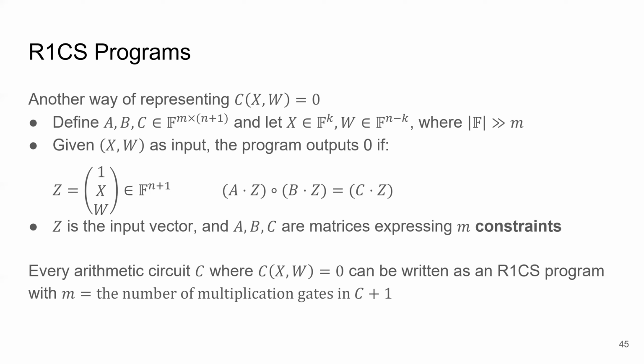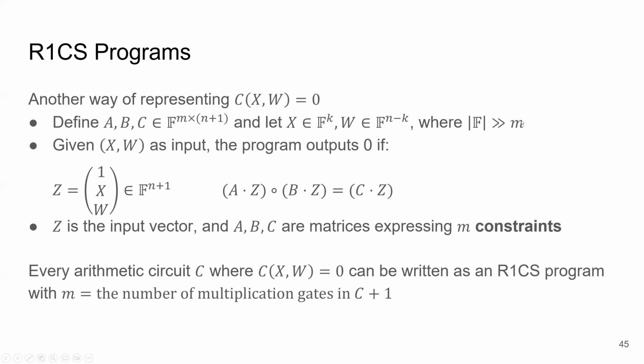Yeah, I just wanted to talk more about the size of F being much bigger than M. So M is the number of multiplication gates in C plus 1, and then A, B, and C are in a field of dimension M times N plus 1. And then the number of elements in F has to be much, much bigger than M. This requirement is not necessary to build an R1CS program, but it is necessary for the resulting R1CS program to be secure as part of our SNARK.